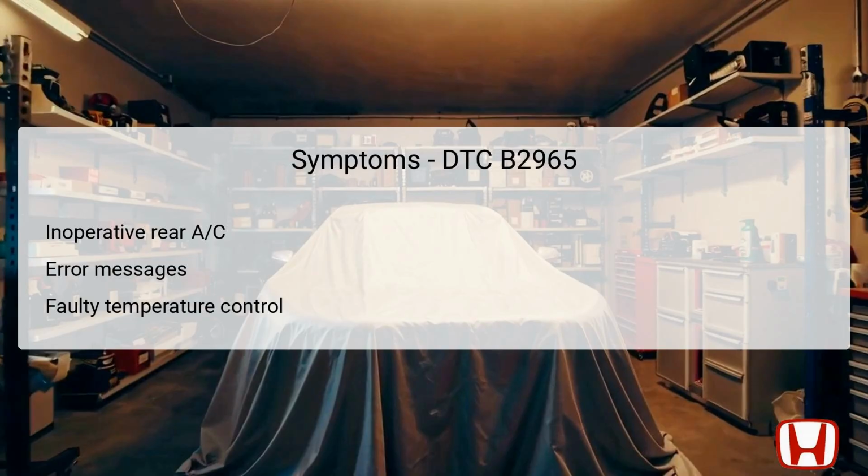Another possible symptom includes faulty temperature control, where the system does not provide the selected temperature settings effectively. In some cases, the dashboard indicators related to the HVAC system may also behave erratically, pointing towards a malfunction in communication between control units. Recognizing these signs early can assist in faster diagnostics and repairs, ultimately ensuring passenger comfort.